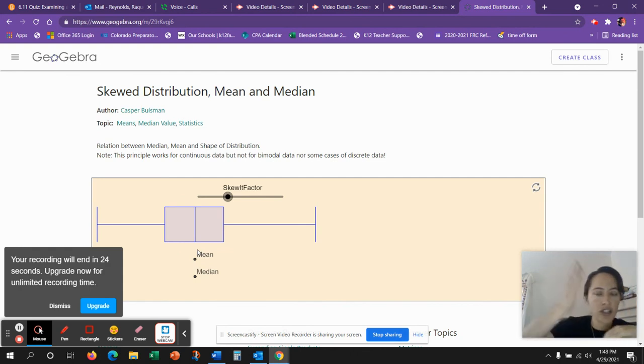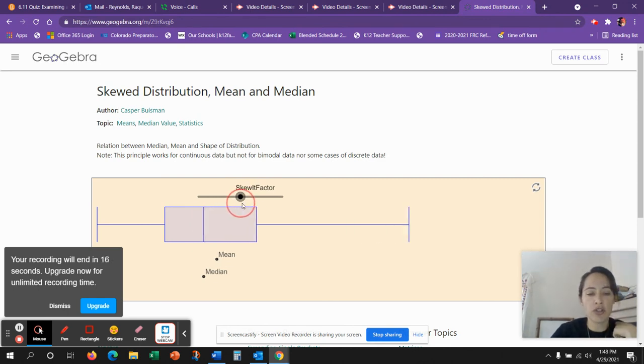The mean is a good measure of center. See, here's a measure of center, the center of the data, mean and median. But when we have a skewed distribution, and I know this isn't a dot plot, but it mimics it. I tried to find one or a bar chart. I couldn't find it, right? Look how the mean moved. But look how the median stayed the same, even though it was skewed.